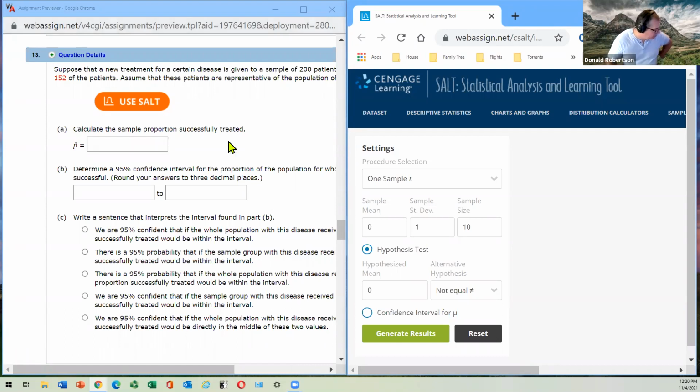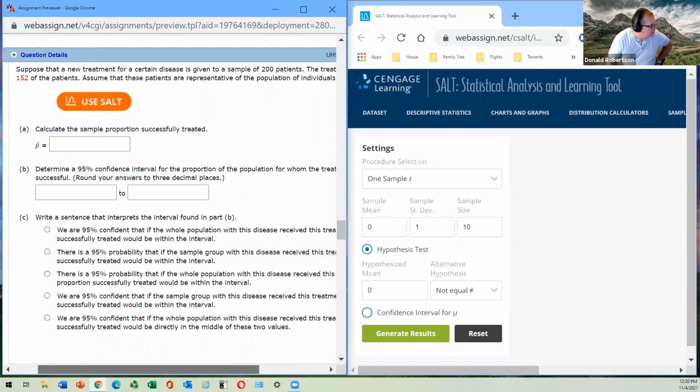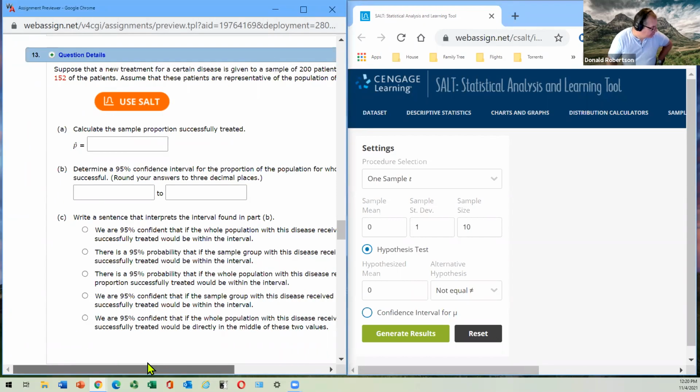So in this question here, suppose that a new treatment for a certain disease is given to a sample of 200 patients, right? It's very similar to the one I've just did. The treatment was successful for 152 of those patients. So what would that be? 152 out of 200, right?